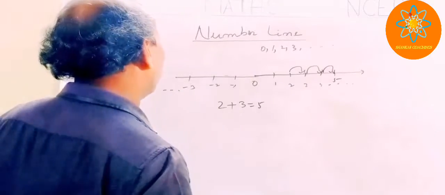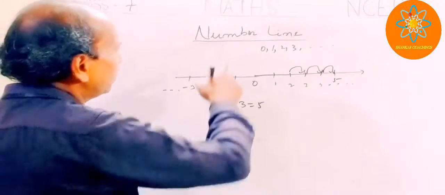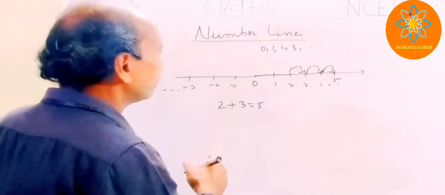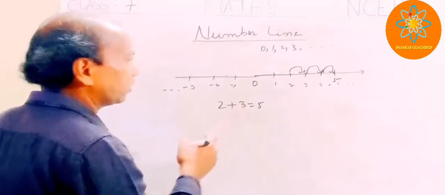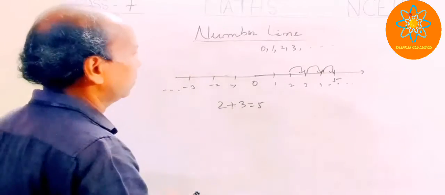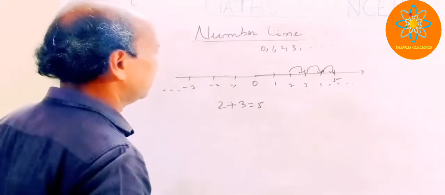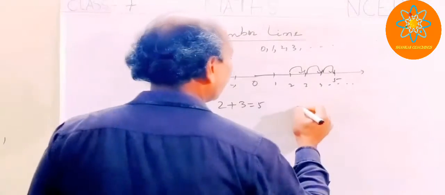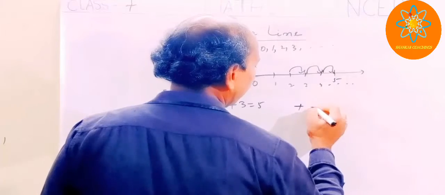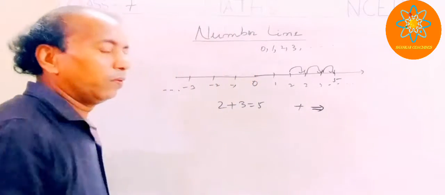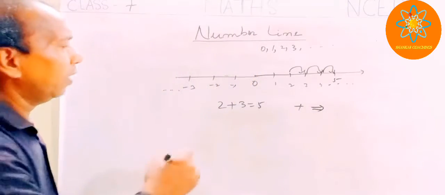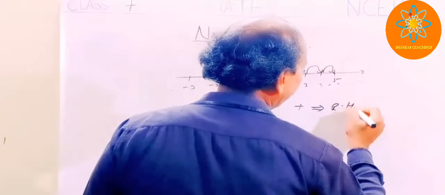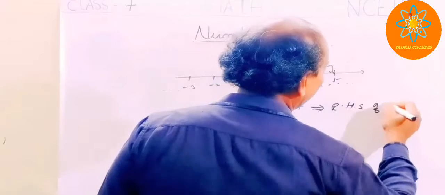So we can use the number line for finding the sum, subtraction, addition, multiplication of any integers. But we have to keep in mind, suppose plus is there, then we will go to the right hand side of the number line.